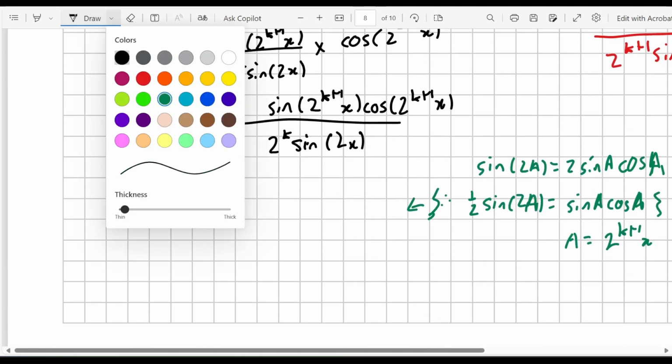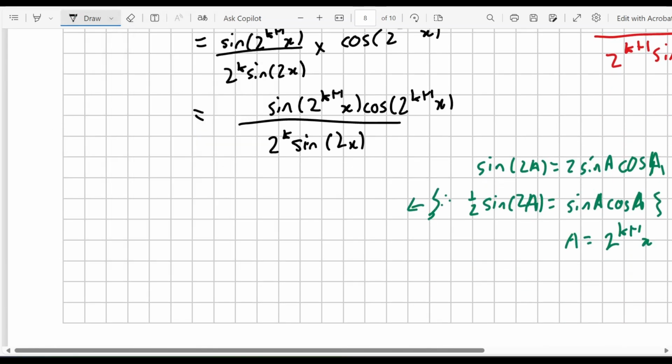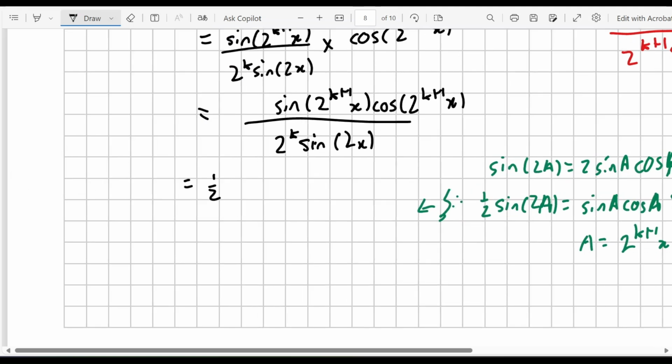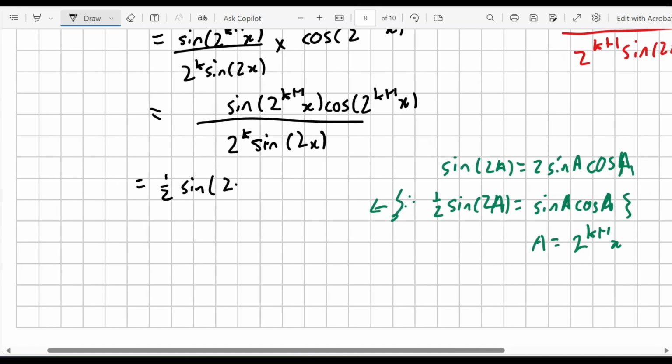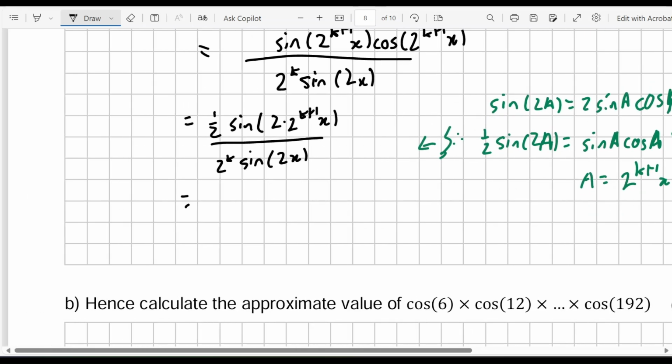If we do that, on the top we get a half sine of, let's be very careful, 2a would be 2 lots of 2^(k+1) x, and this is over 2^k sine of 2x. You can think of this as a half coming out the front.